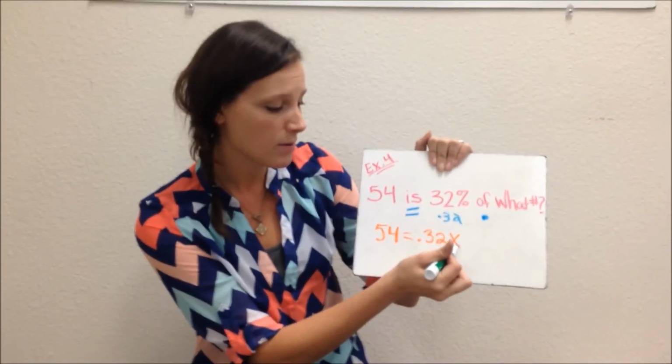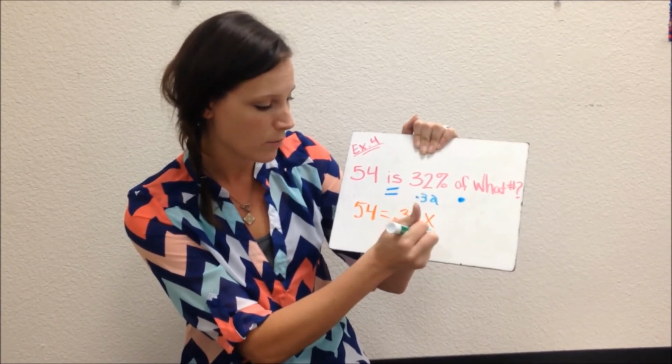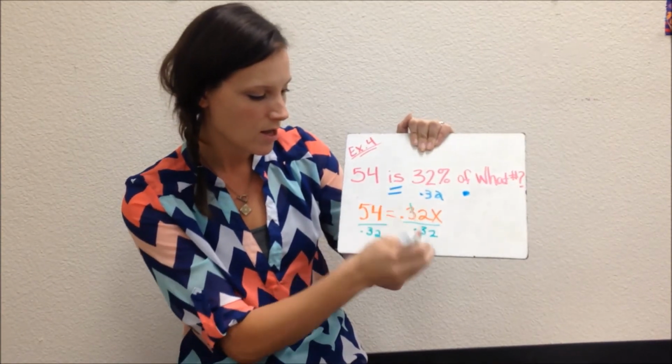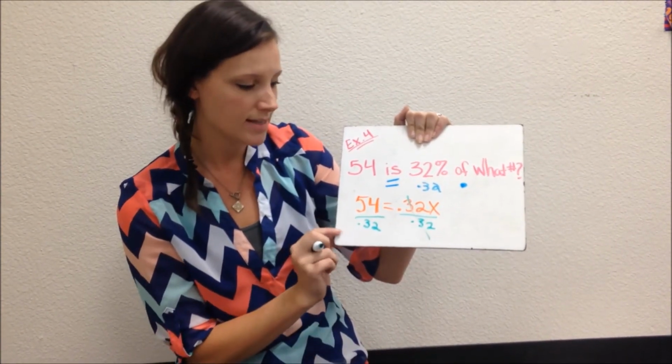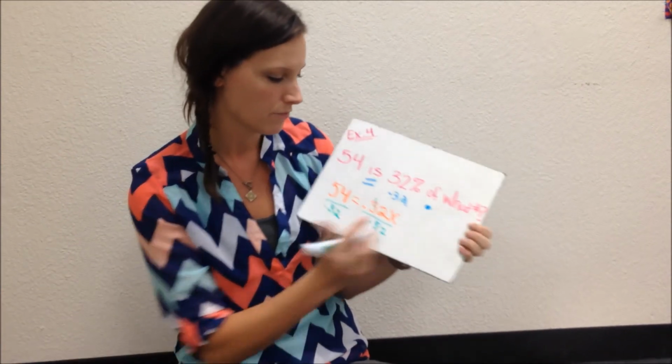Okay? My variable is being multiplied by 0.32, so I have to go ahead and divide by 0.32 on both sides. Okay? That side cancels out. I'm going to set up my division problem, which is 54 divided by 0.32.